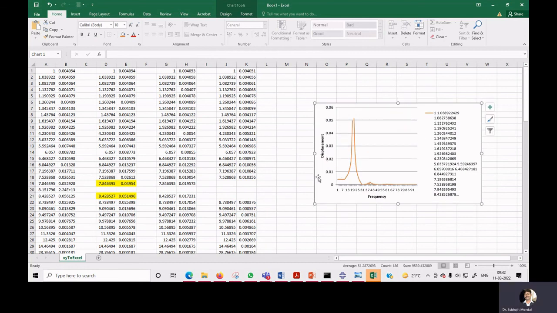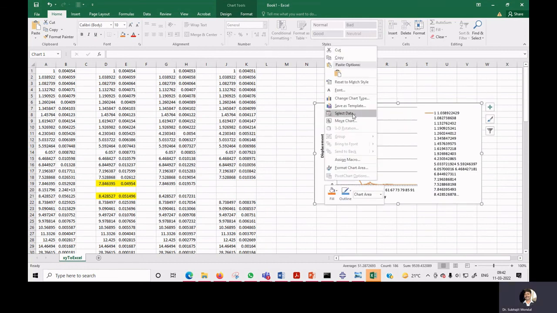So here we have one data. Next we can add more.